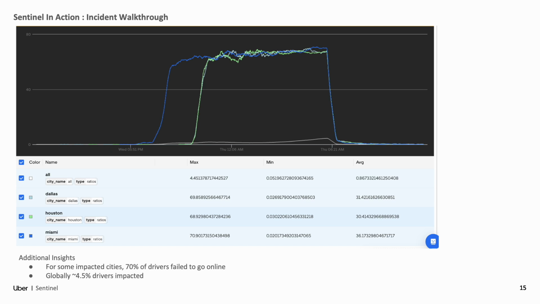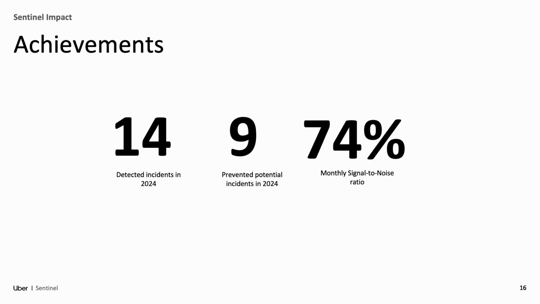However, at the global level, the percentage was just 4.5%. After we built Sentinel, so far, we caught 14 production incidents, and we also prevented 9 potential incidents.